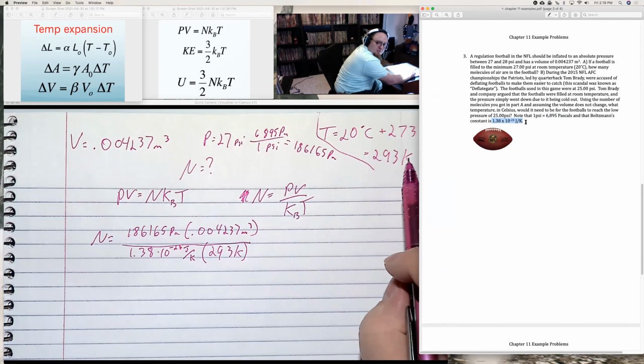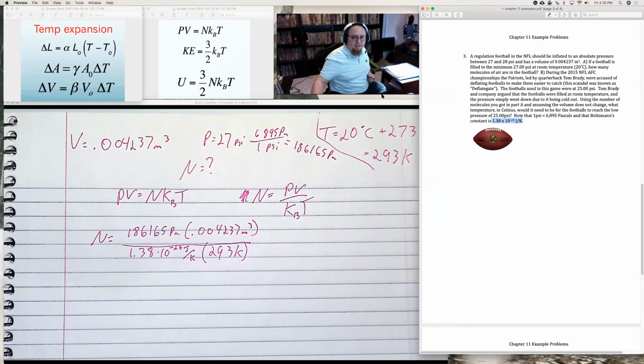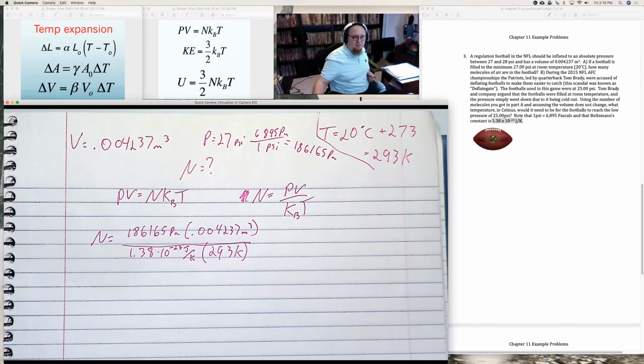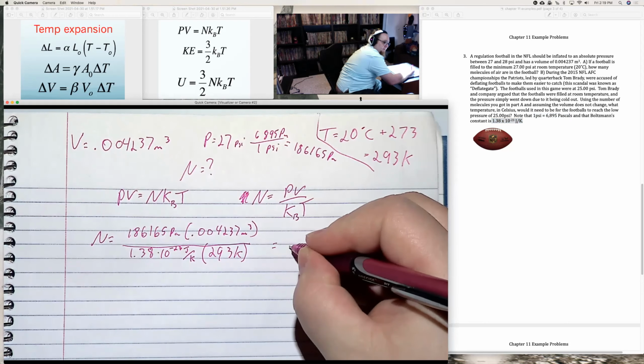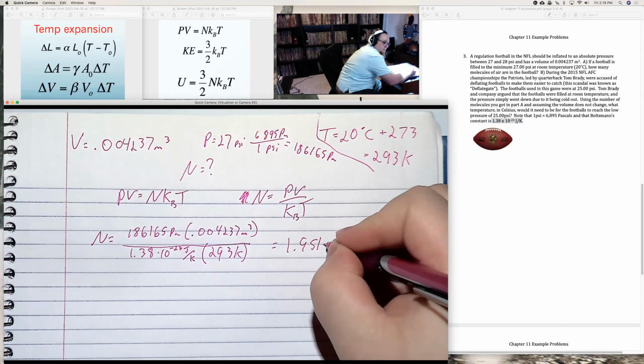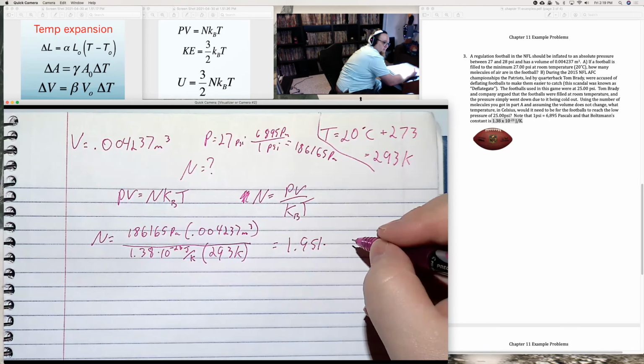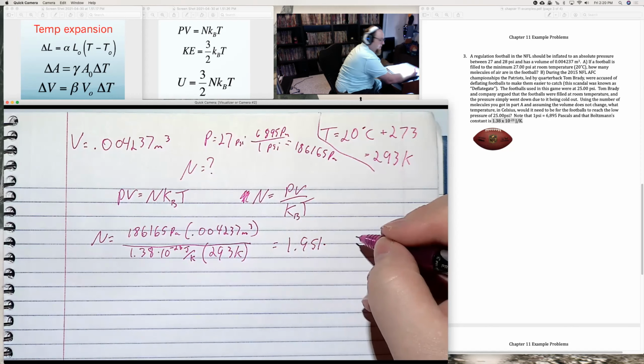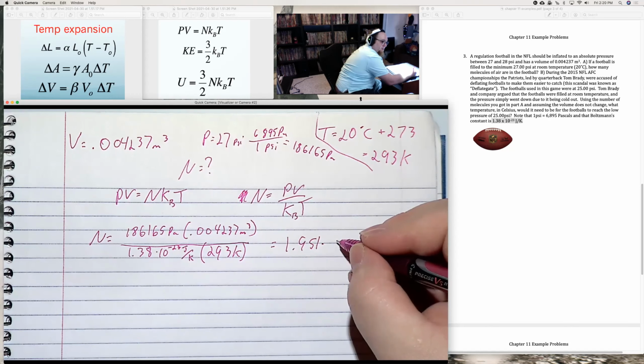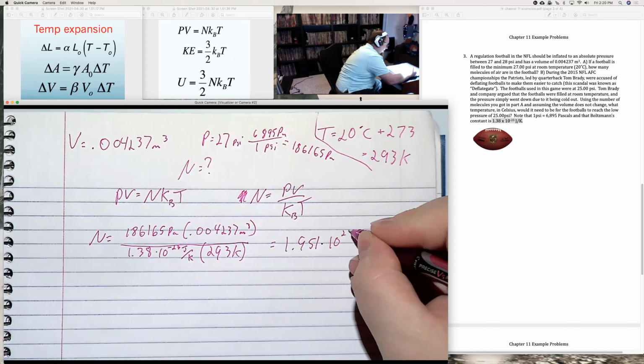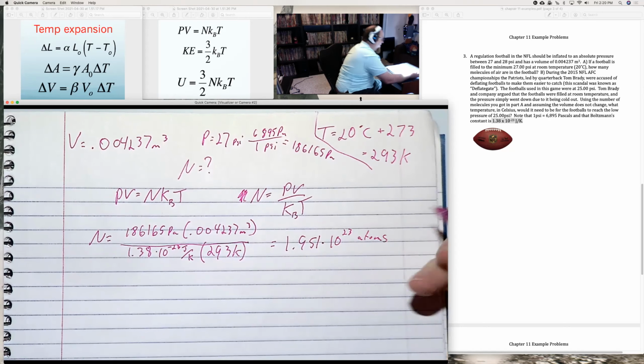I converted to Kelvin by adding 273. And I can do this math. Right, okay, 1.951 times 10 to the 23rd atoms.